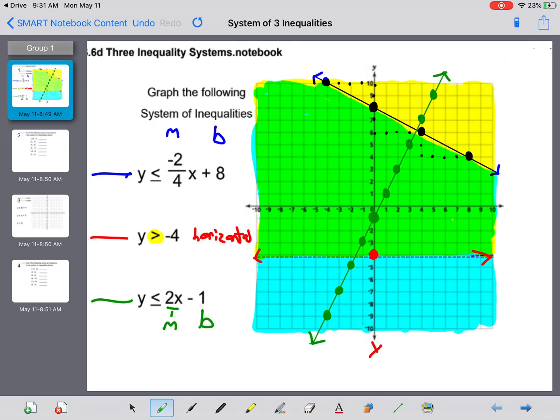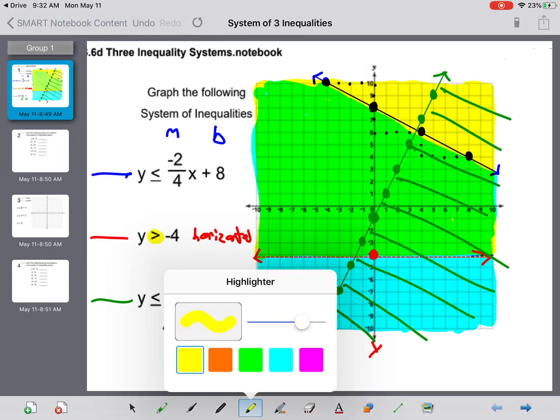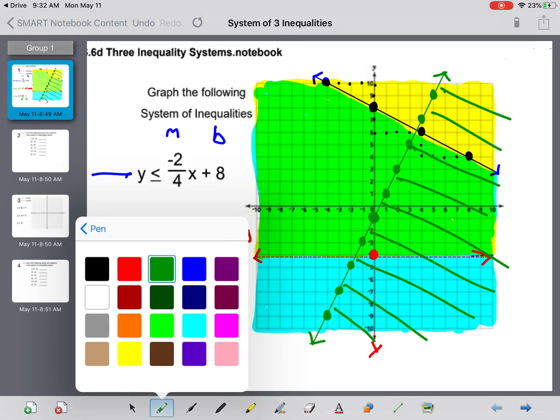And now this time, since we're kind of out of colors and nothing's going to overlap nicely on this green, I'm going to draw lines coming out of this one. So if it's less than or equal to, that means we are shading below this line. Now, our solution set is where I have those green lines that I just drew, and I have a green shaded region.